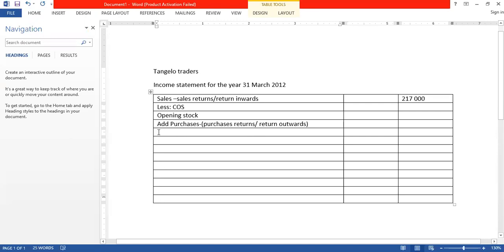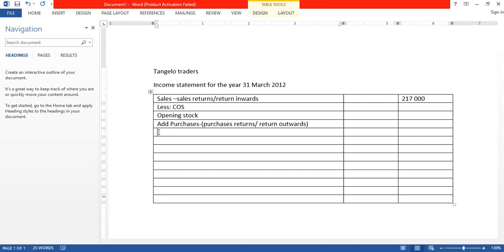The other thing that you record, before that, if you are given carriage inwards, please take note that carriage inwards, or freight inwards, is a transportation cost incurred to bring your goods into the business, to transport the goods from your suppliers into the business.